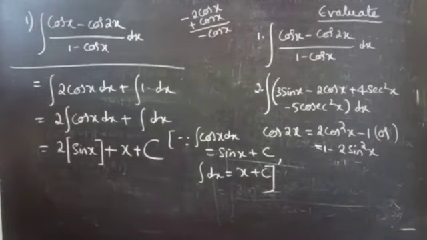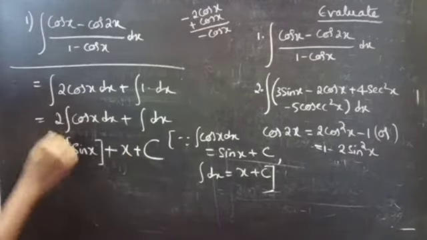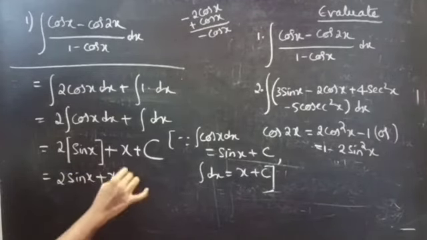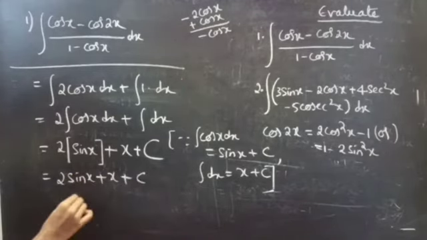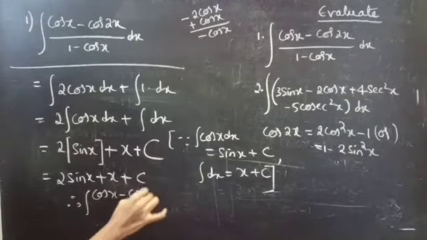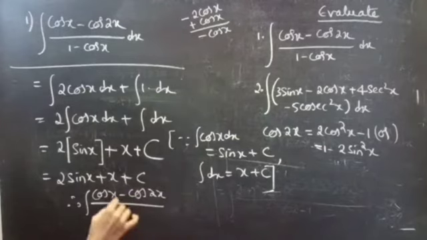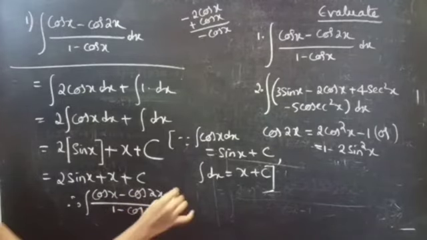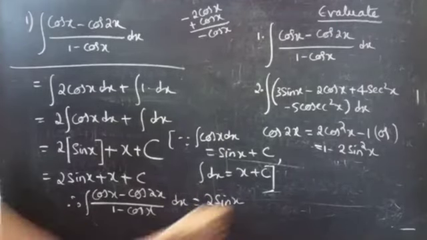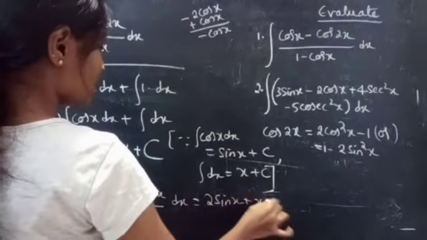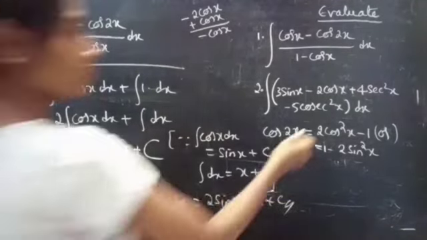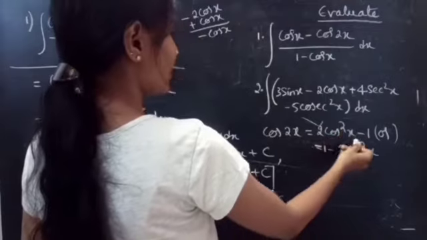So therefore, this is equal to 2 sin x plus x plus c. So therefore, integral cos x minus cos 2x by 1 minus cos x into dx is equal to 2 sin x plus c. Okay. So here we have used the first formula, that is 2 cos square x minus 1.